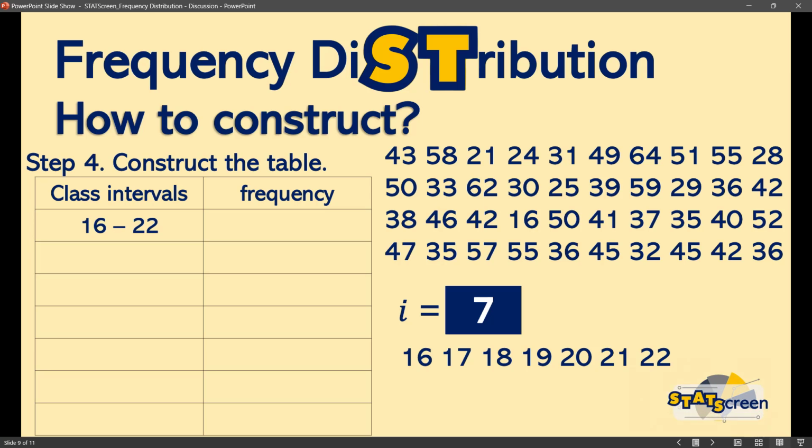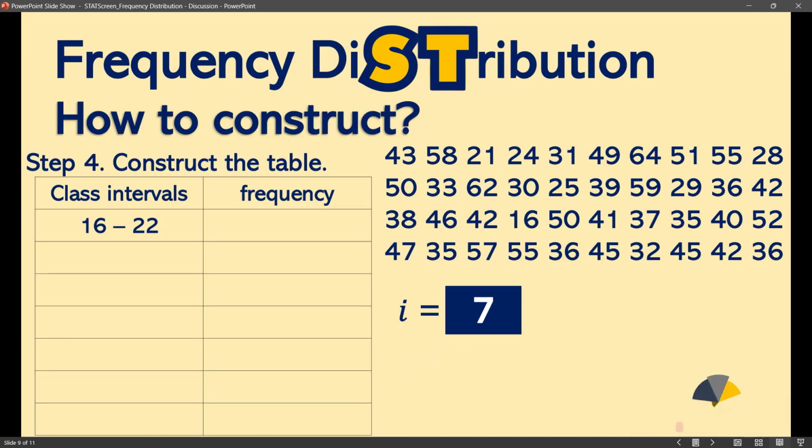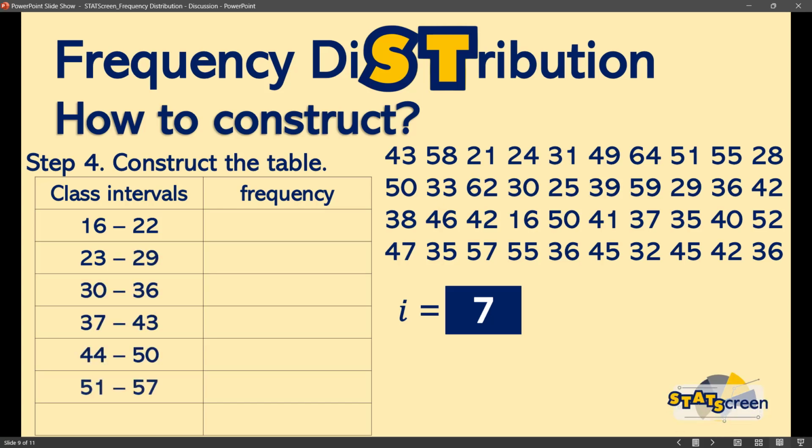To get the next class intervals, we will just add the class width to each of the lower limit and upper limit. That would mean for our next class interval, the lower limit is 16 plus 7, that's 23. As for the upper limit, 22 plus 7, that's 29. Doing it so on and so forth, these are our 7 class intervals.